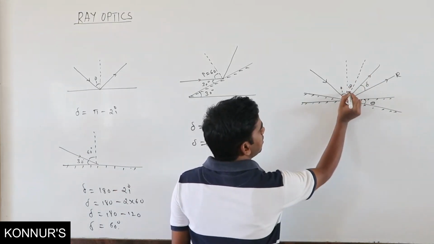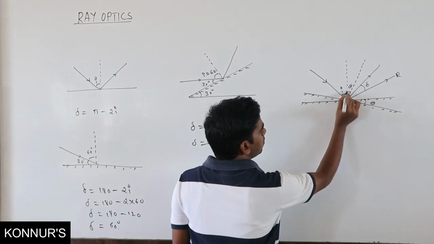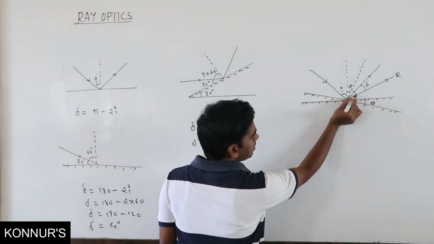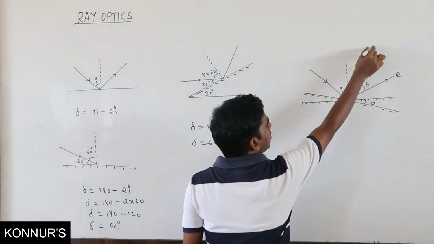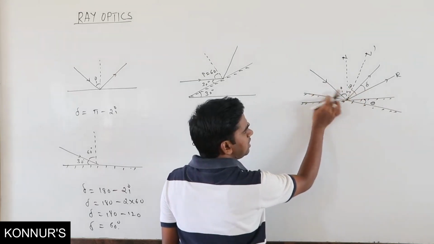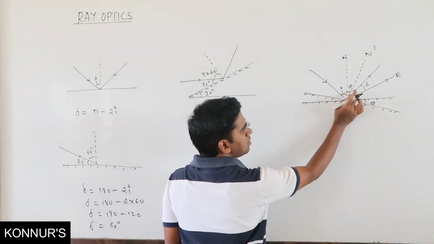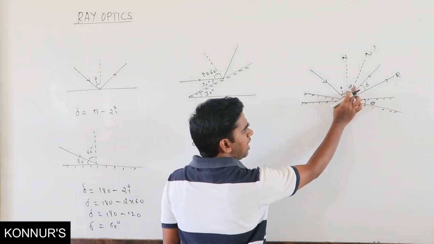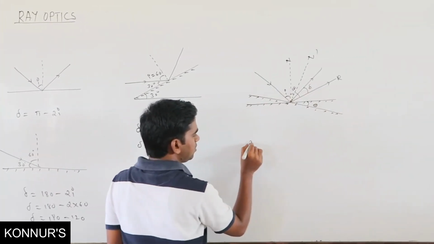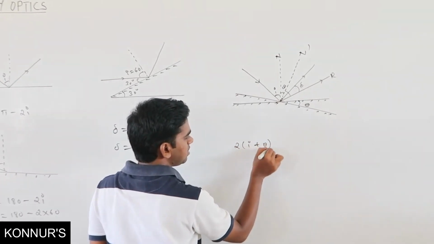Suppose this is the normal. This total is I plus theta. Then here this is also the angle of reflection for this normal. This is the old normal. I plus theta is the new incident angle, so the reflected angle is also I plus theta. So the total angle from here to here is 2 into I plus theta.